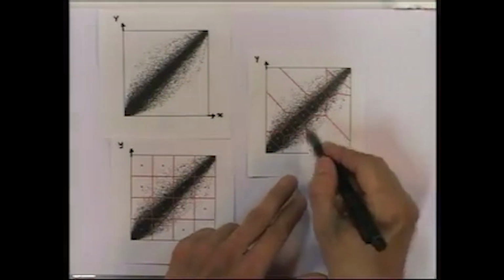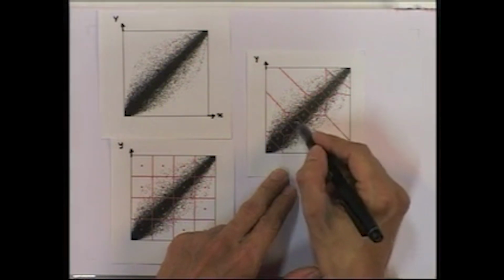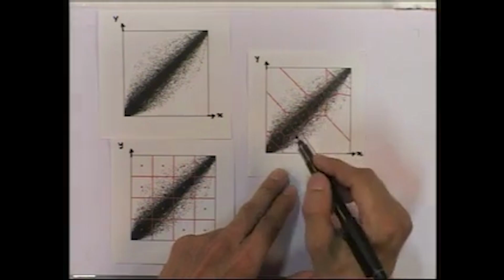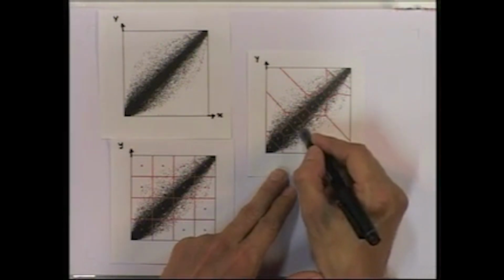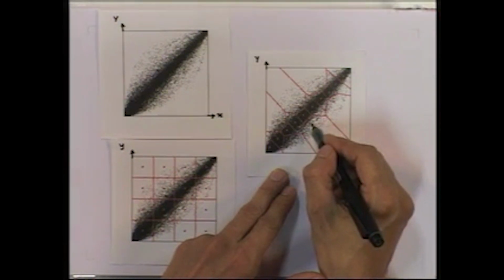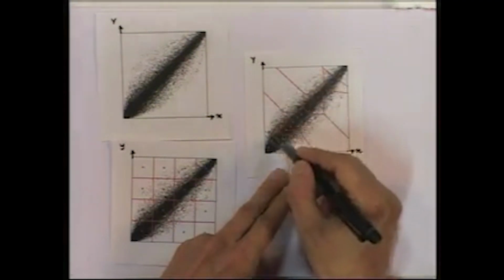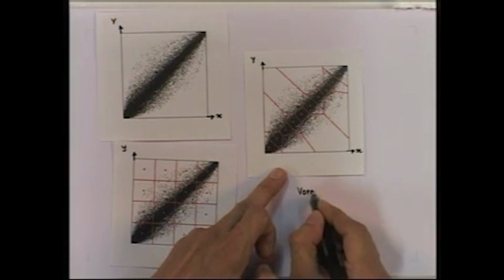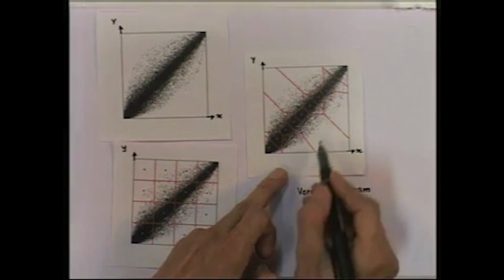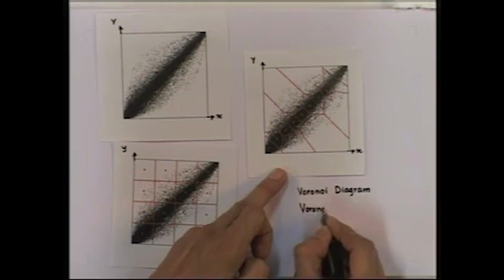This partitioning of a vector space into cells around a predetermined set of special vectors, which are called code vectors or code words, such that for all vectors inside a cell, the same code vector is closest to them, is called a Voronoi diagram, and the cells are called Voronoi cells.